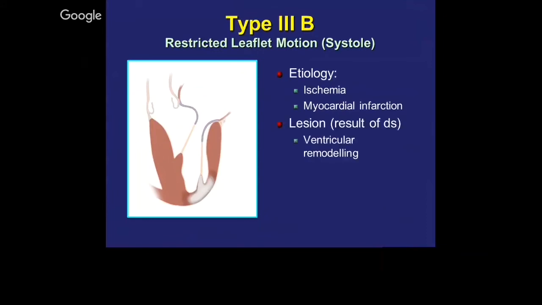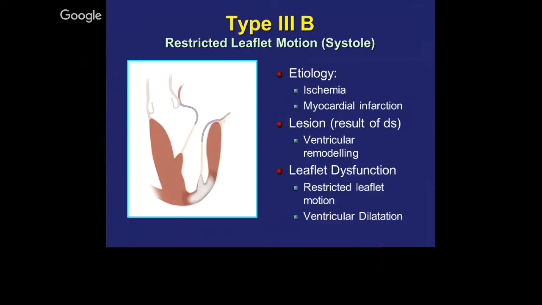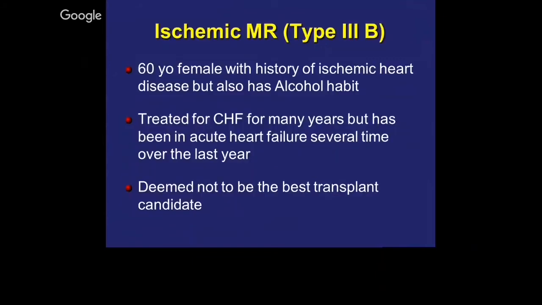Very difficult to treat because it's due to tethering of the leaflets as a result of ventricular remodeling from, let's say, a big anterior or inferior myocardial infarction that tethers the leaflet. And I am not familiar with the extensive surgical literature in terms of whether you should correct this when you're doing bypass or not, but basically that is the other classification.